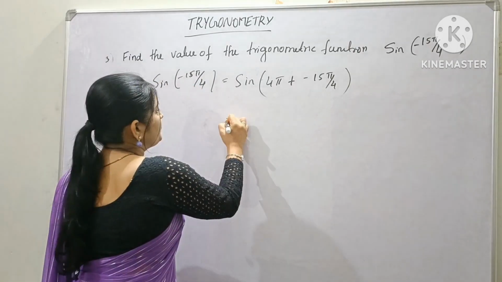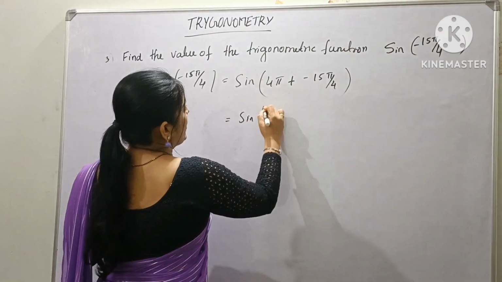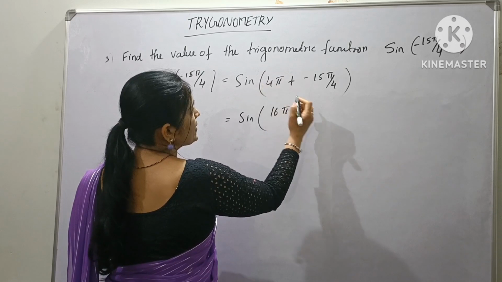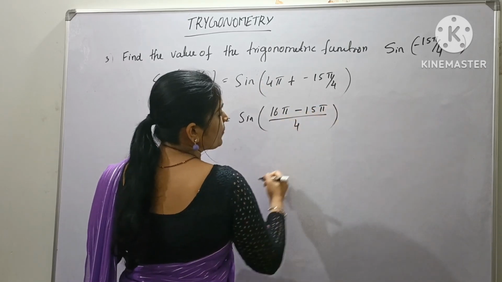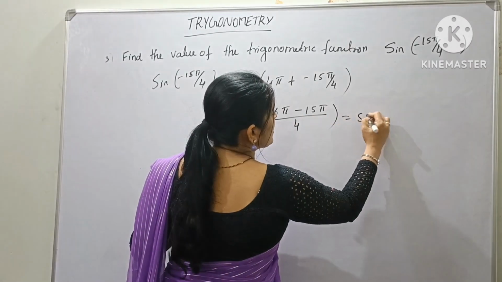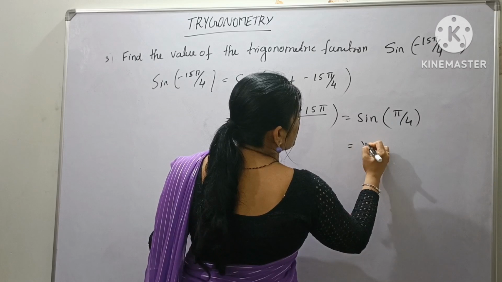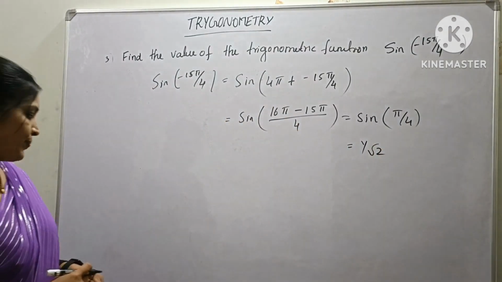Then simplify this one: 16 pi, that is 4 into 4 pi, minus 15 pi divided by 4, that is equal to sine of pi by 4. That is nothing but 1 by root 2. Sine pi by 4 is 1 by root 2.